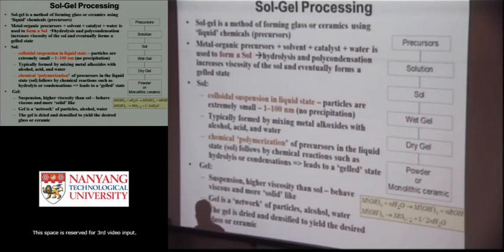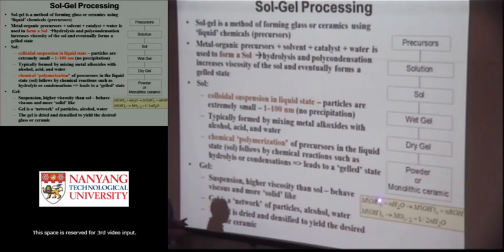For example, when we do hot pressing or cold pressing, the matrix and your second phase, the particles, you mix them together. When you use mechanical mixing, the matrix and your second phase cannot mix very well. So in order to let your second phase be deposited in the matrix evenly, we start from molecules.